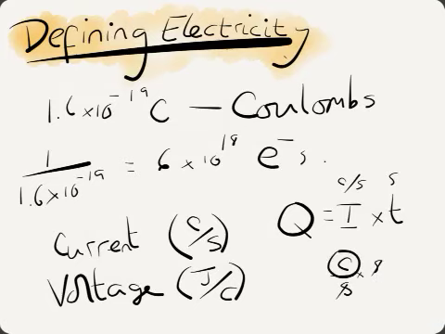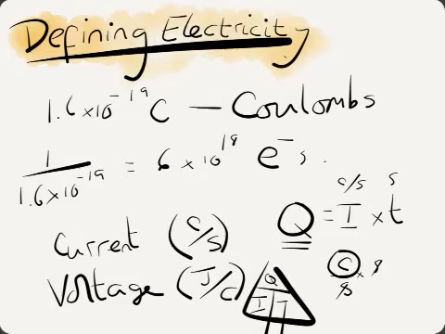It will tell you the total amount of charge that has flowed in a circuit. You can whack it in a triangle, nice and easy, Q, I, T, and rearrange it as needed.